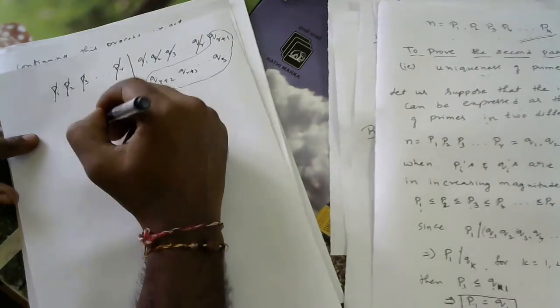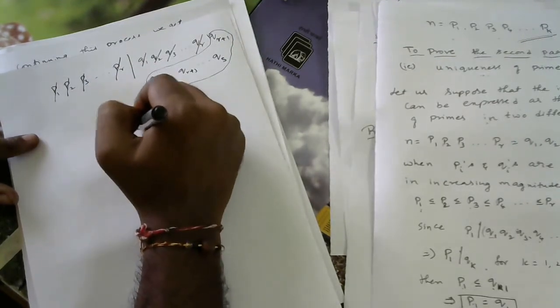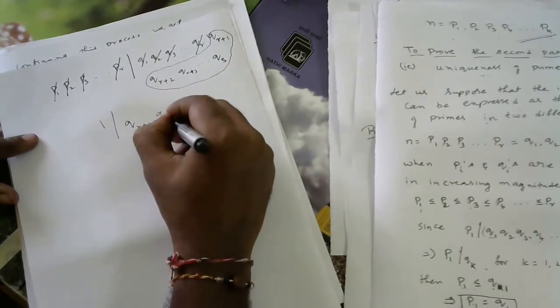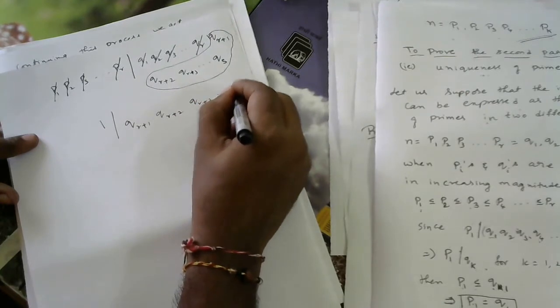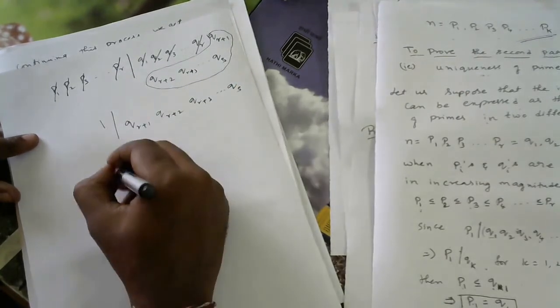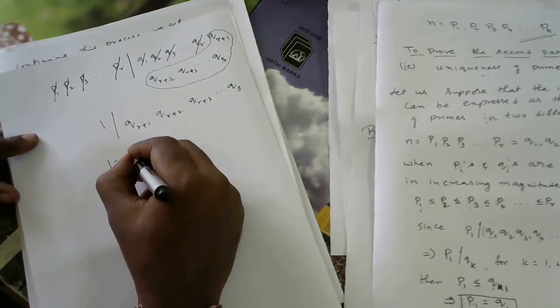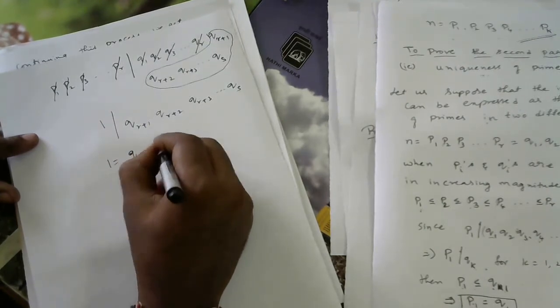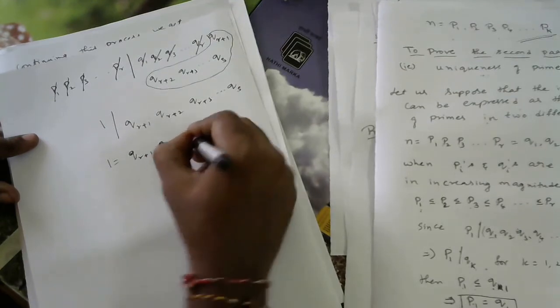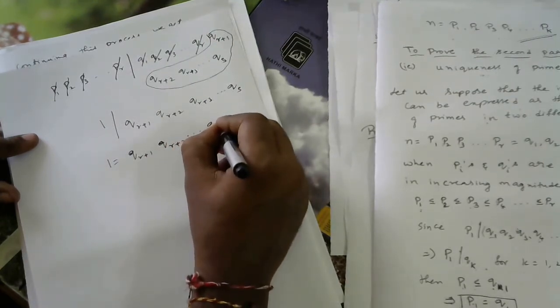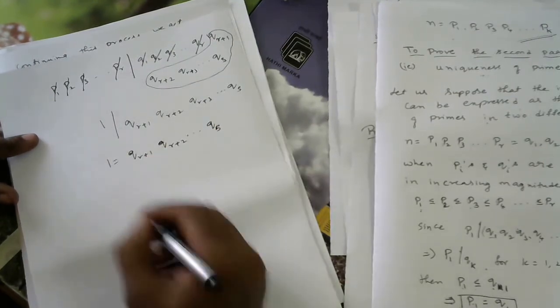So what is in here? 1 divides, what you get? Q suffix R plus 1, Q suffix R plus 2 and Q suffix R plus 3, so on. You will get Q suffix S. So 1 equals Q suffix R plus 1 and Q suffix R plus 2, so on up to Q suffix S.